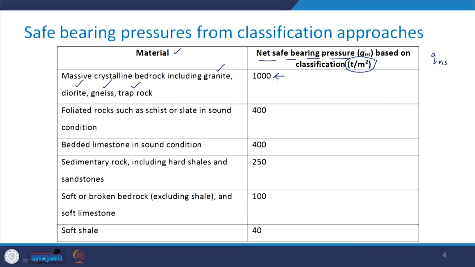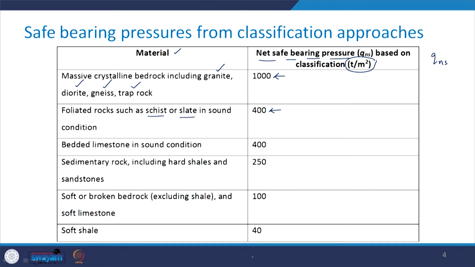The second case deals with foliated rocks such as schist or slate in sound condition, and the corresponding value can be taken as 400 ton per meter square.